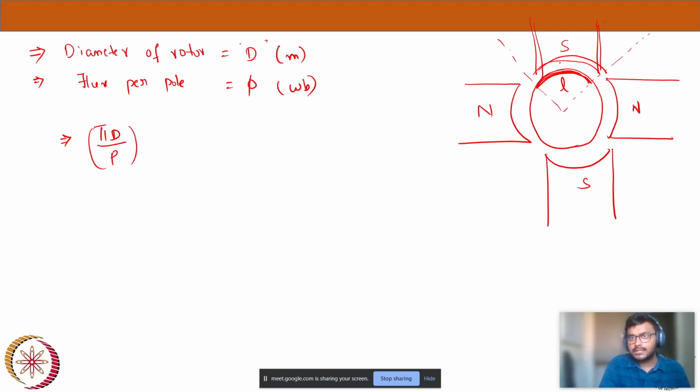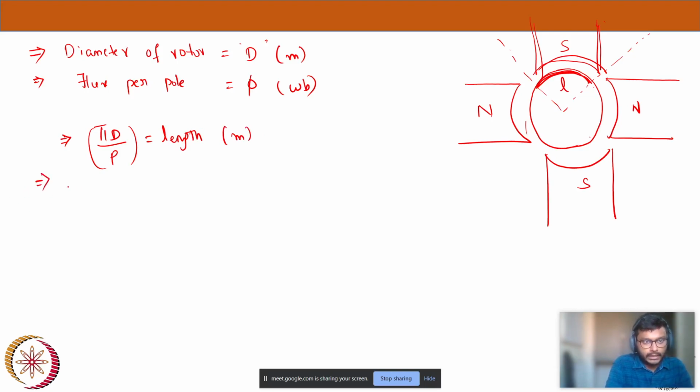Because it is a 4-pole machine, from here to here it will be south, from here to here it will be north. So there will be four such sections. If you add all the four sections, you will get pi d. Now I am interested in that particular part. It is nothing but pi d by p. Length is equal to pi d by p, which is in meters.